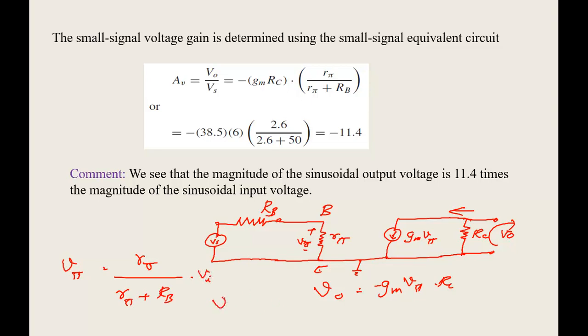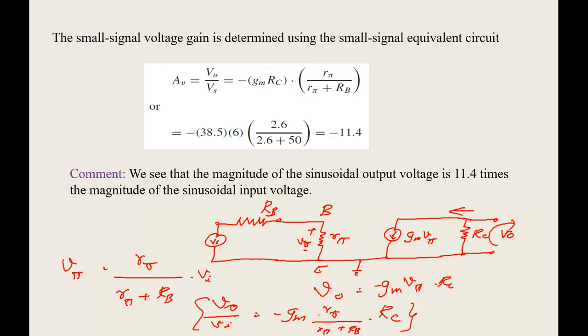So the gain V naught by Vi is equal to minus GM into R pi by R pi plus RB, into RC. That's your voltage gain formula.